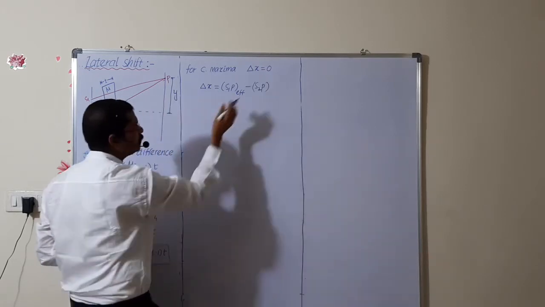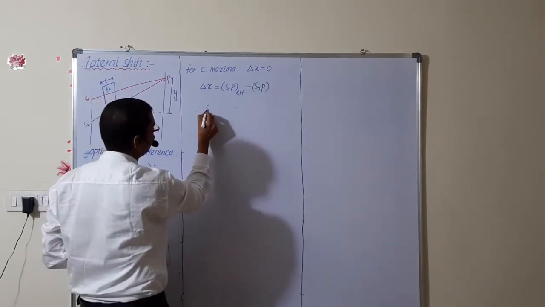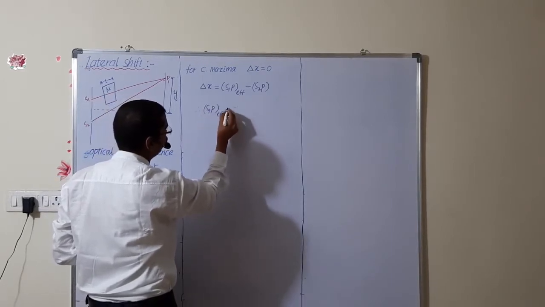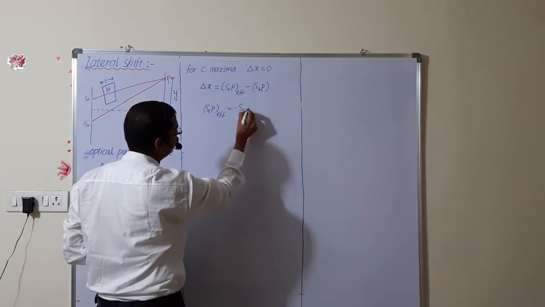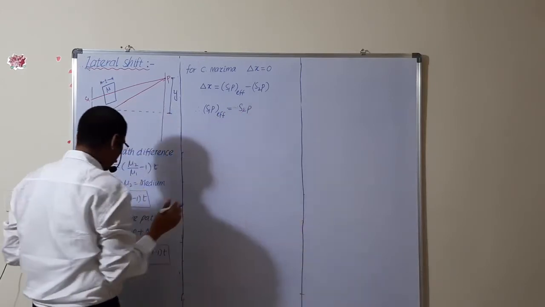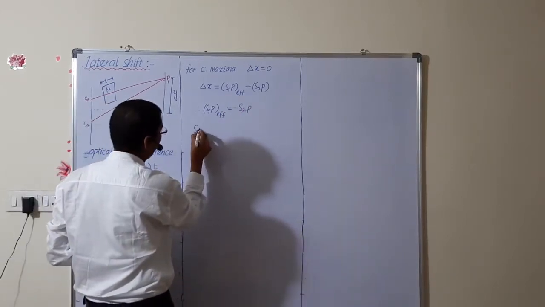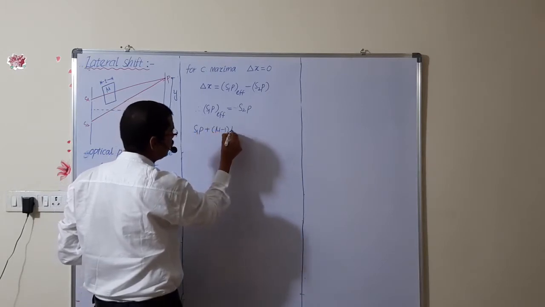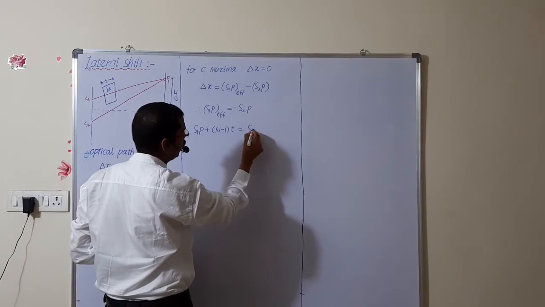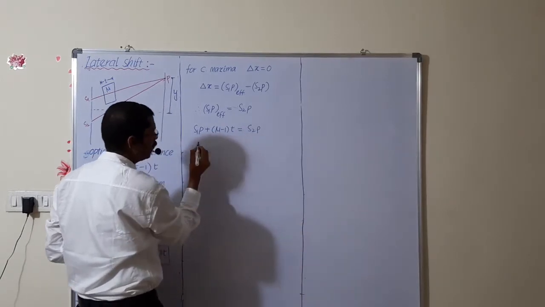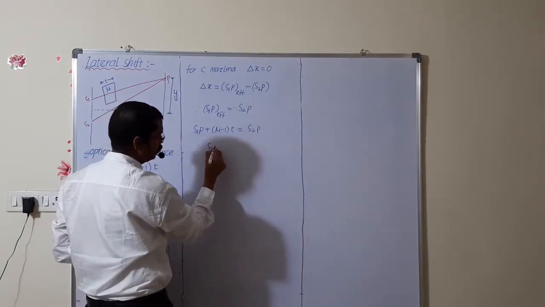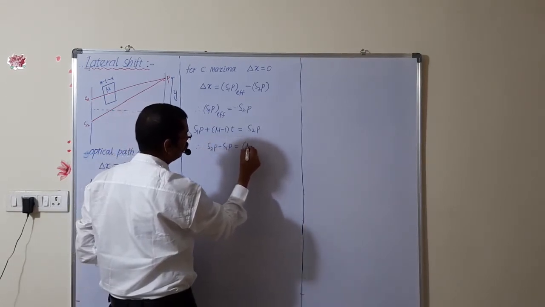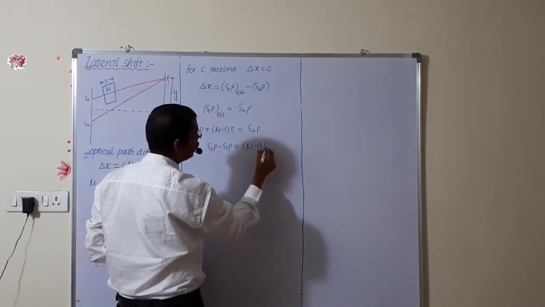But here the path difference is 0, therefore S1P effective is equal to S2P. Substituting S1P, we get S1P plus (mu minus 1) into T is equal to S2P. Therefore I am writing S2P minus S1P is equal to (mu minus 1) into T.